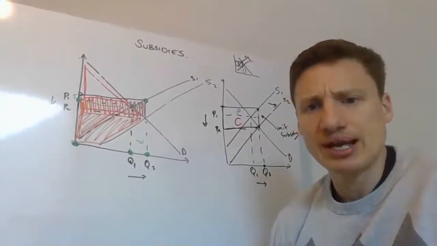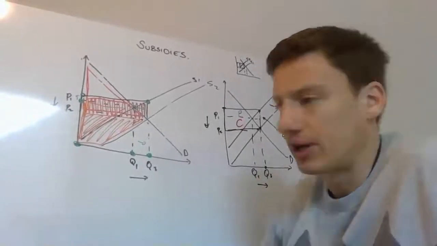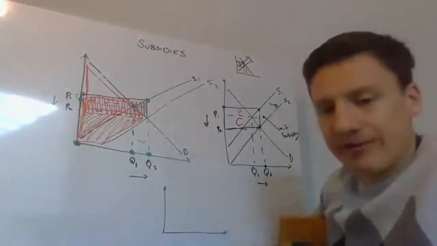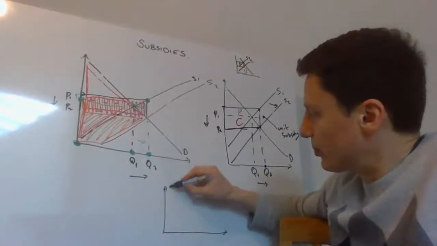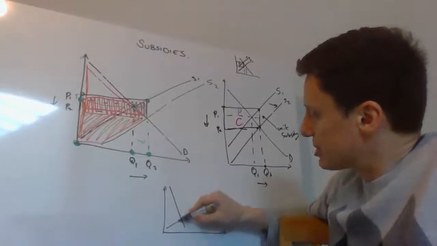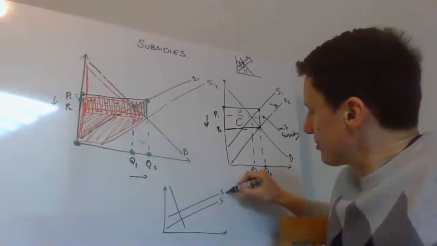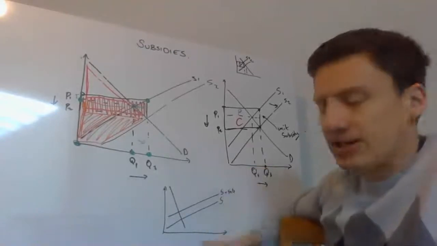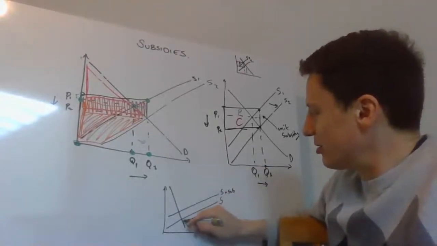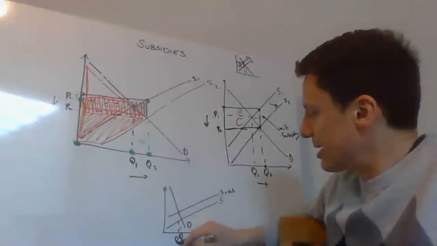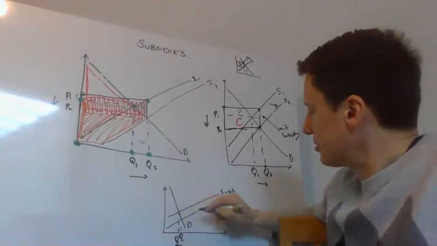In terms of subsidies, then, the only other thing to look at is how elasticities, a bit like with the indirect tax diagram, would affect the impact of the subsidy. So if we go with inelastic demand, okay, first thing to note is that it hasn't really made much of an impact.